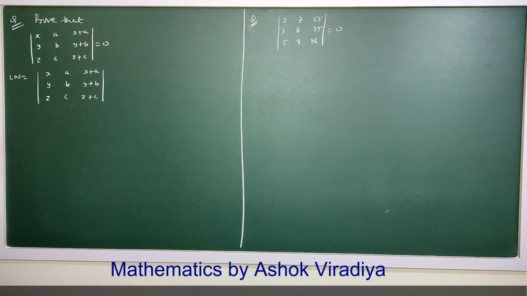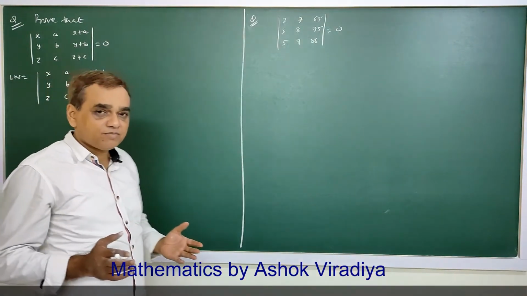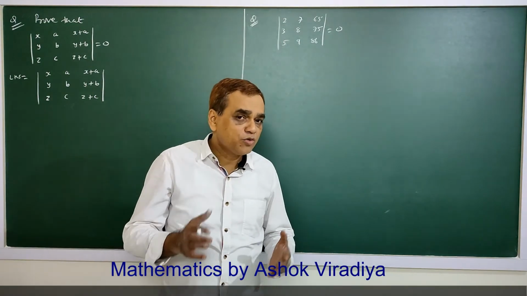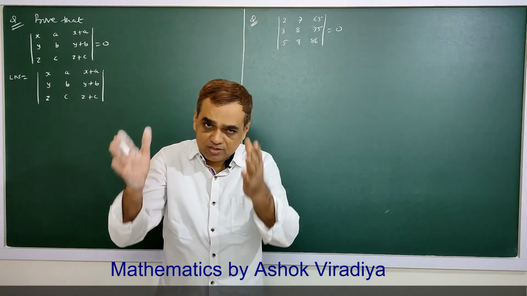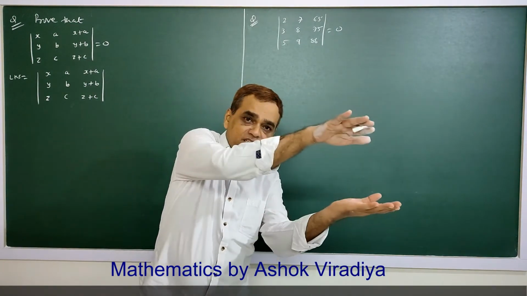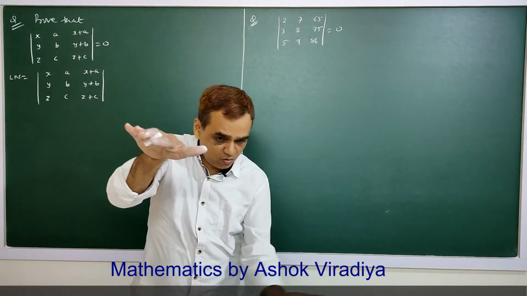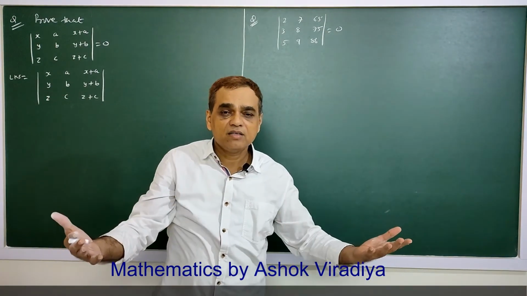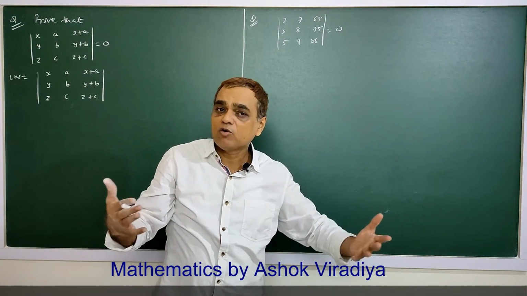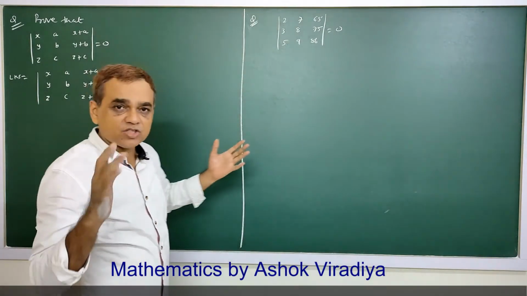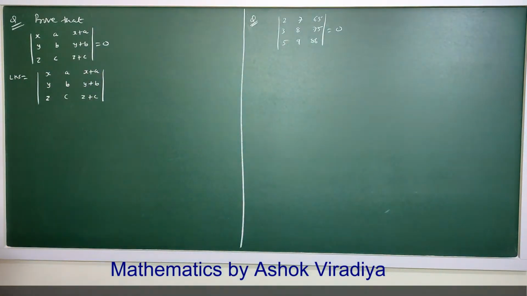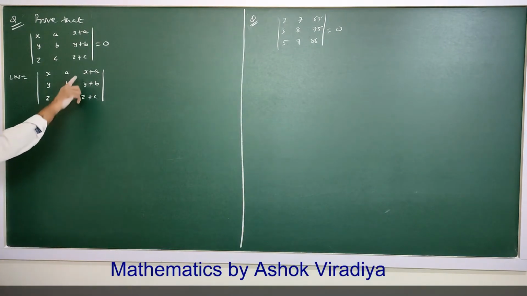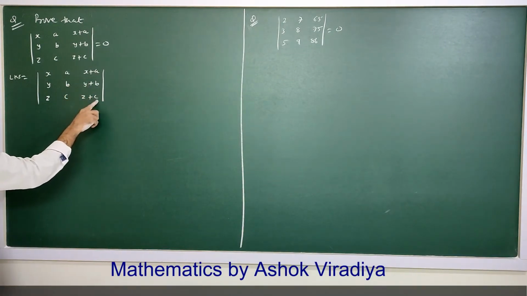So say, look at the elements. Whenever we do this type of problem, always observe elements in columns. Also observe in this direction, first row, second row, third row, and get an idea about a proper starting. Starting is very important. So here this is x plus a, y plus b, z plus c.